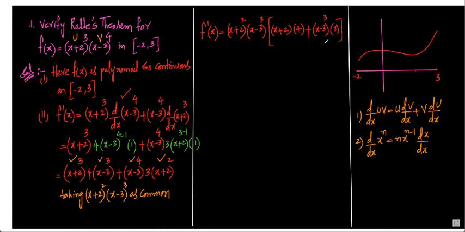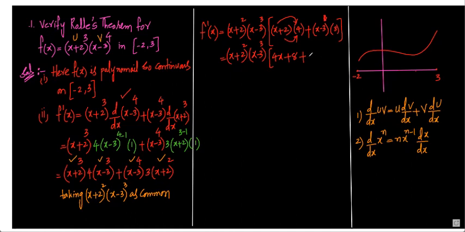Then further we have to simplify. This is equal to x plus 2 whole square into x minus 3 whole to the power of 3 into, 4 we have to multiply with this. Becomes 4 into x is 4x plus 2 fours are 8, plus, I think x minus 3 whole cube is not there.